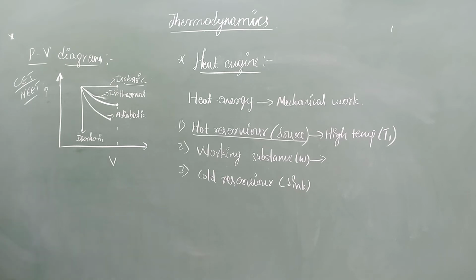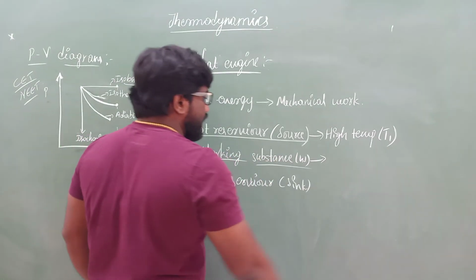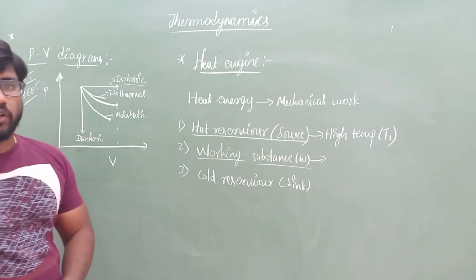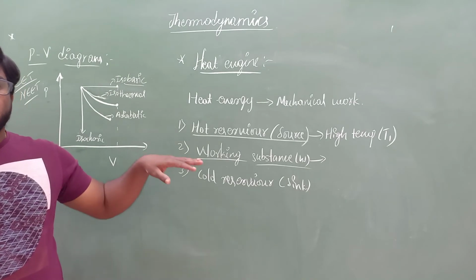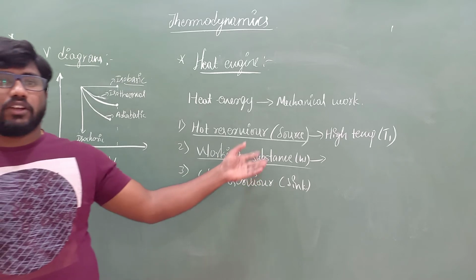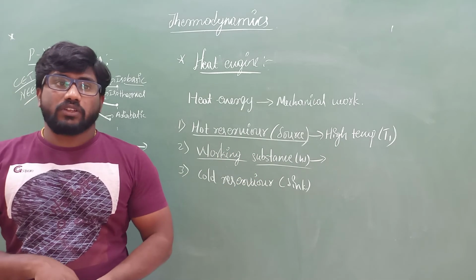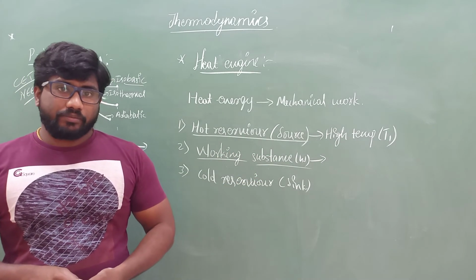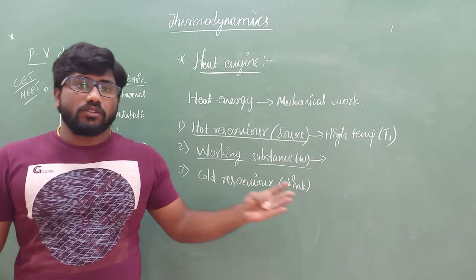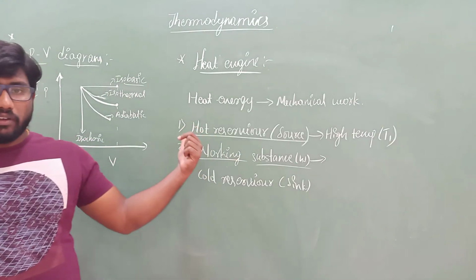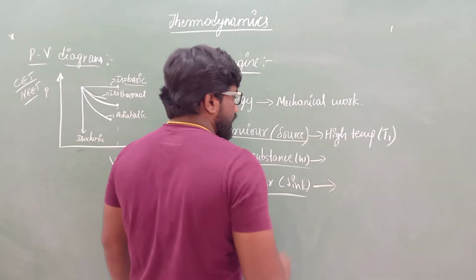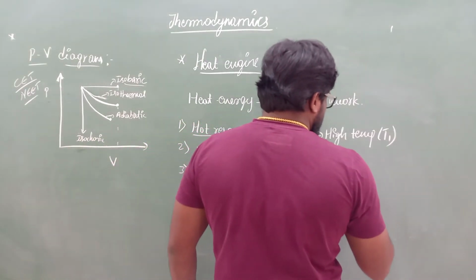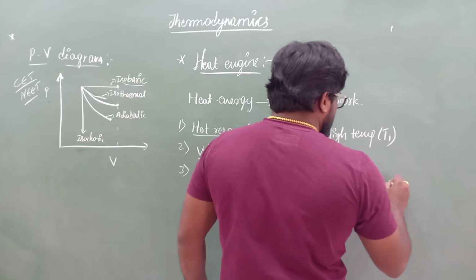What happens when you send heat to the working substance? It will absorb some amount of heat and start to do some work, and some amount of heat is converted into work. Then what happens to the rest? For example, if we take 10 joules of heat, I'll explain in the working. Next one is the cold reservoir. It is maintained at a very low temperature, which we take as T2.